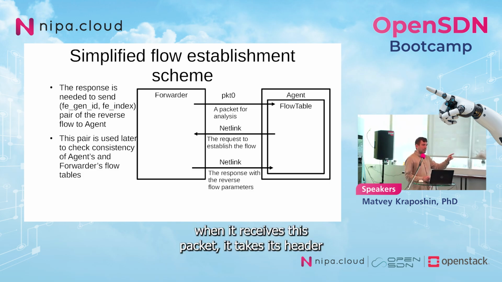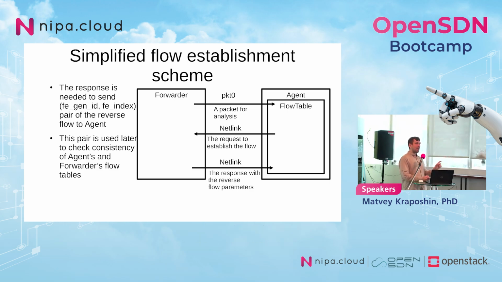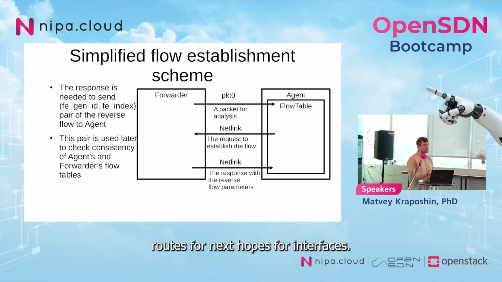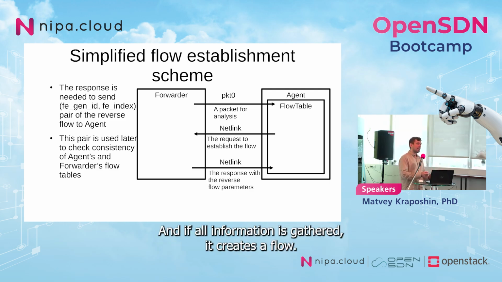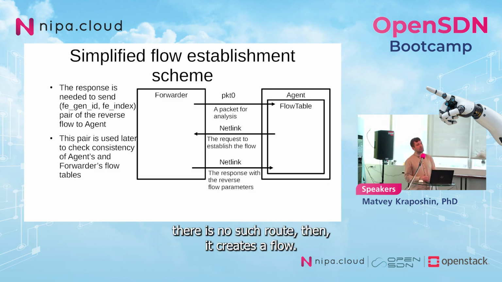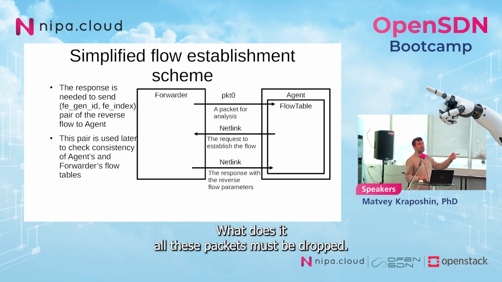When it receives this packet, it takes its header and looks up into its operative database. In its operative database, it searches for routes, for next hops, for interfaces, and if all information is gathered, it creates a flow. If there is no information, for example, there is no such route, then it creates a flow, for example, with action drop. And it tells the forwarder that all these packets must be dropped.